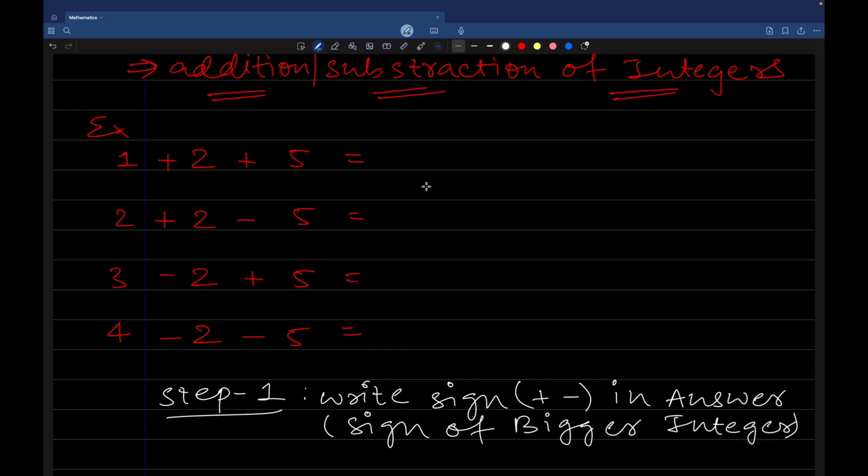So we will write the sign of the bigger integer. In this case the bigger integer is 5, so I will copy the sign of the bigger integer in the answer. In this case the answer will be positive, in this case the answer will be negative.